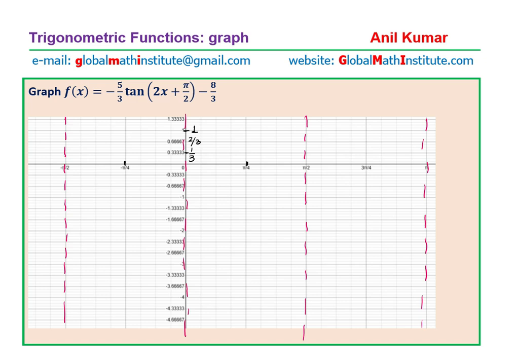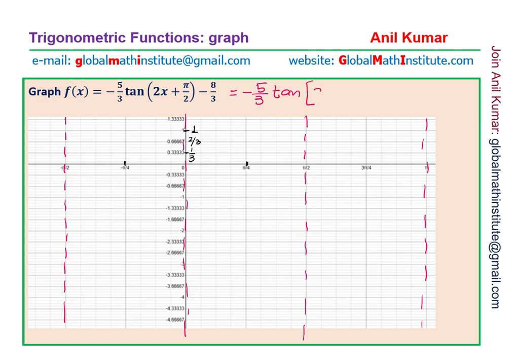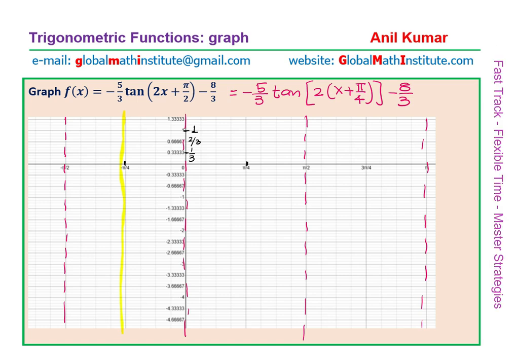Now let's rewrite this particular function as we wrote as minus 5 by 3 tan of 2 common x plus pi by 4 minus 8 by 3. So clearly 8 by 3 is the axis, right? So the center line, which is at pi by 4, is symmetric, right? We are looking at 8 by 3. So what is 8 by 3? 8 by 3 is basically 3 times 2 is 6 and then 2 by 3.